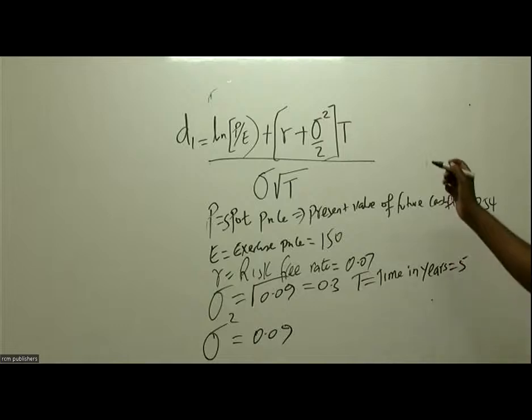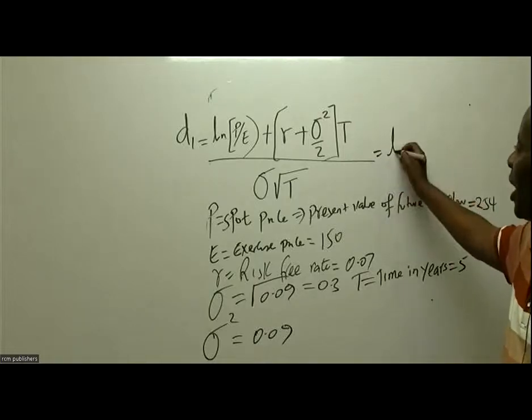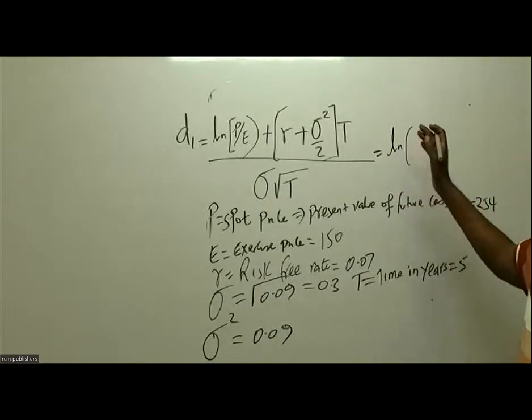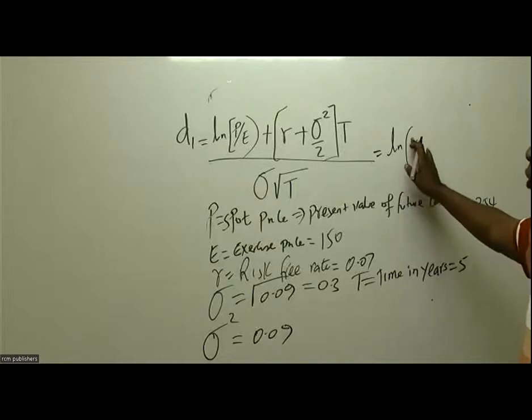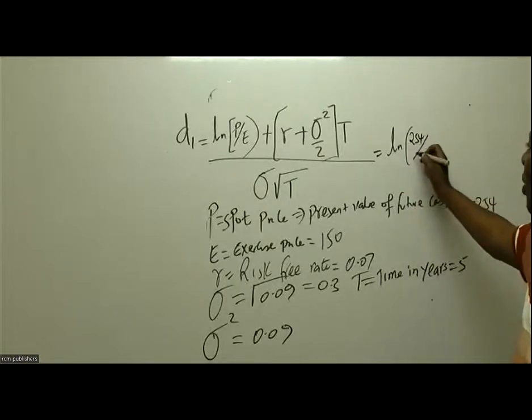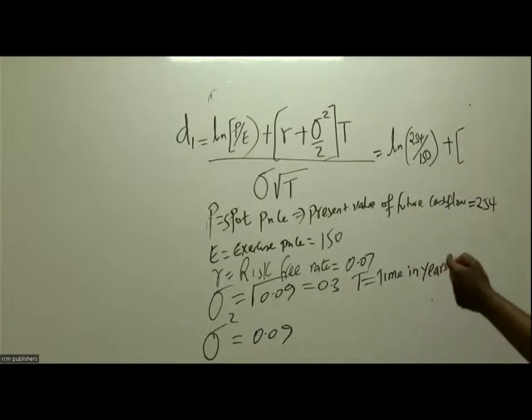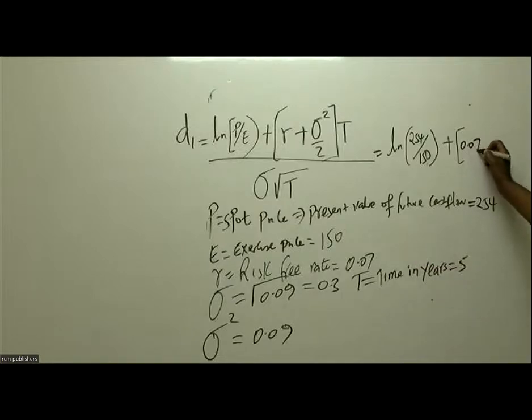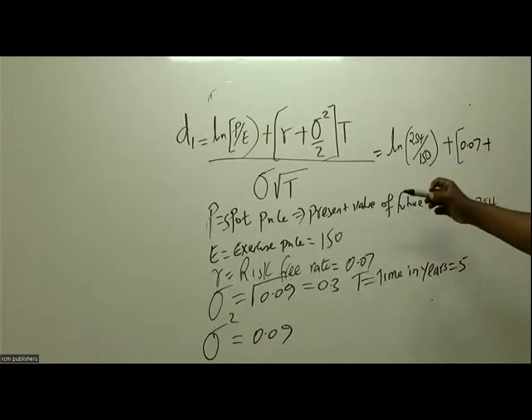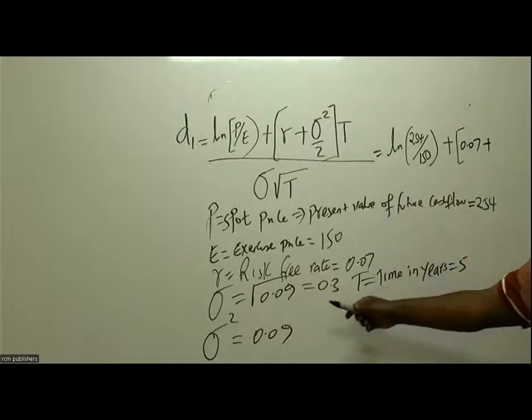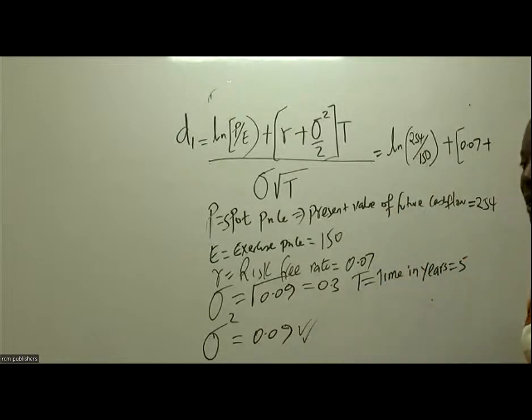So let us plug in. This will be ln of P over E. The P you have given me is 254 over E, which is 150. Here we have the risk-free rate of return, 0.07, plus the variance, which is 0.09, not squared.